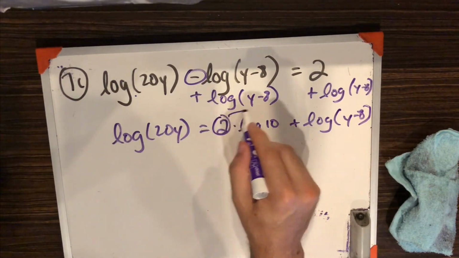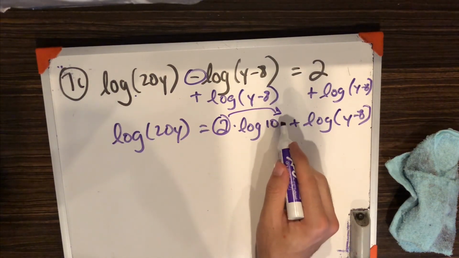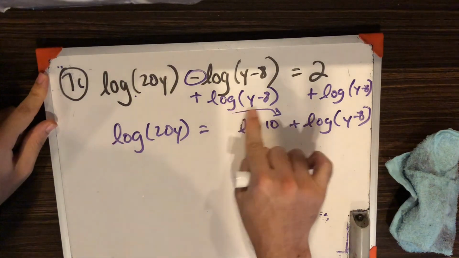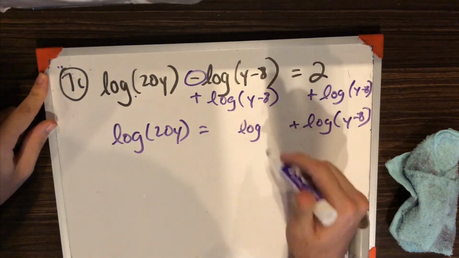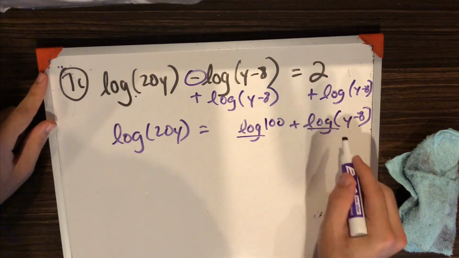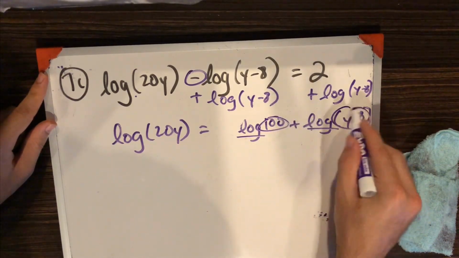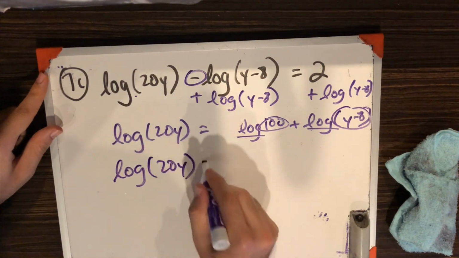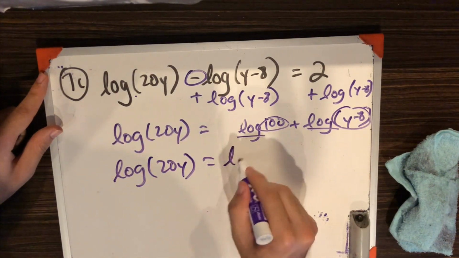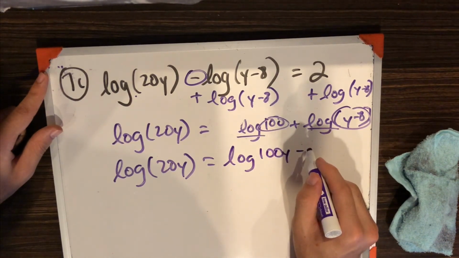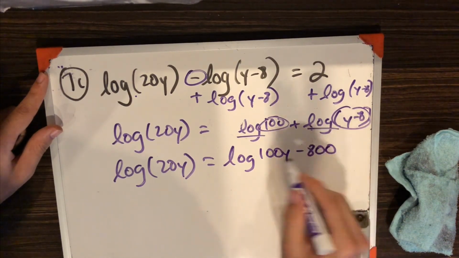I can use my power law, so bring that up in the back. So this would change to 100. 10 to the second power is 100. And then log base 10, I can end up multiplying these, where I have log base 10 of 20y is equal to log base 10 of 100y minus 800.